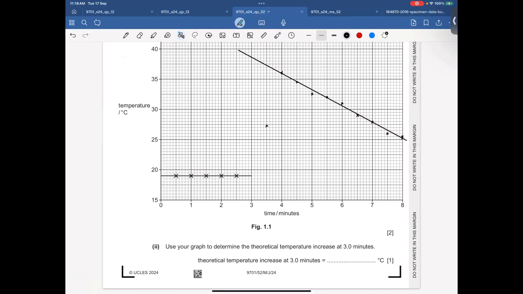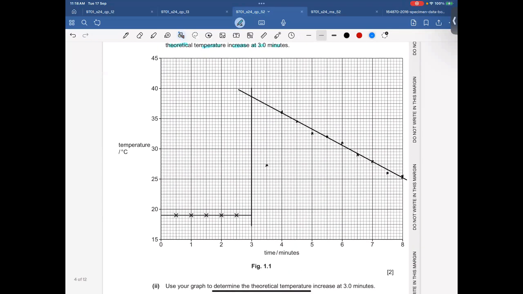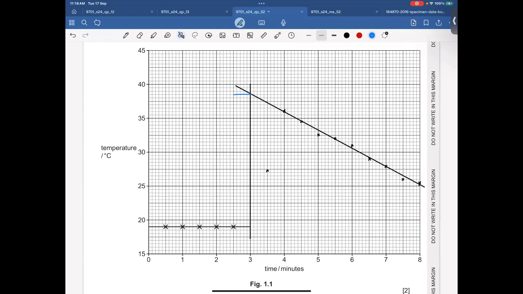And we need to extrapolate it like this. So how much temperature do we have from here? It's basically 35, 36, 37, 38, 38.5. Let me check.